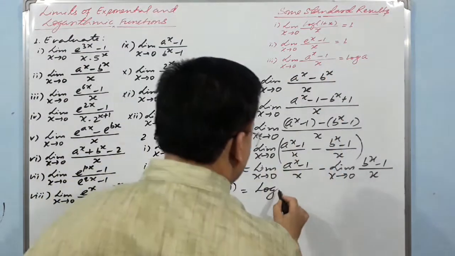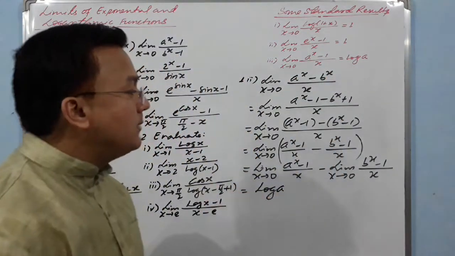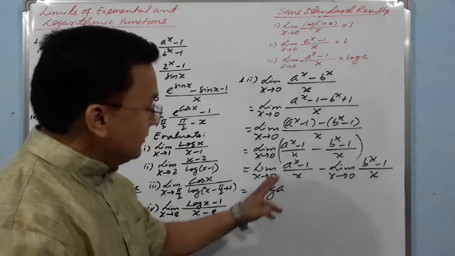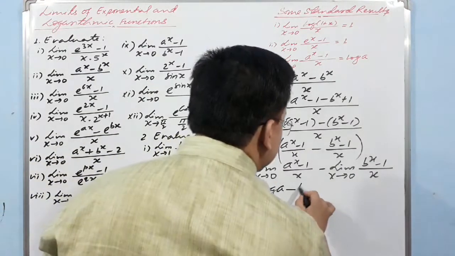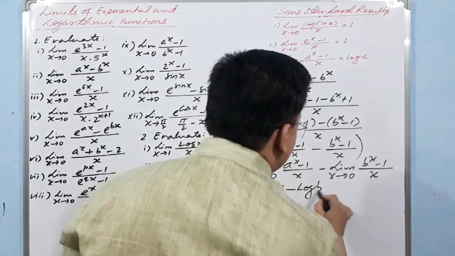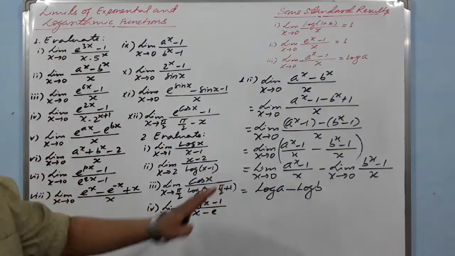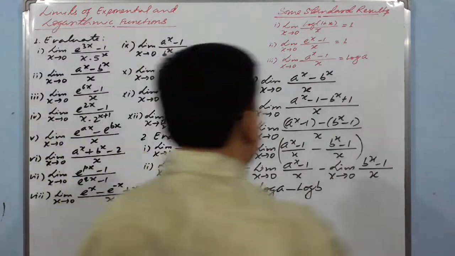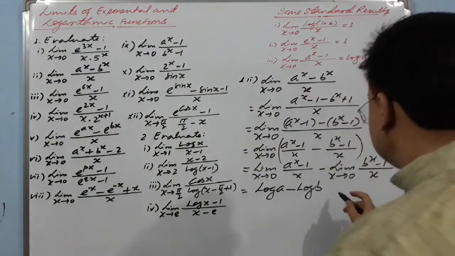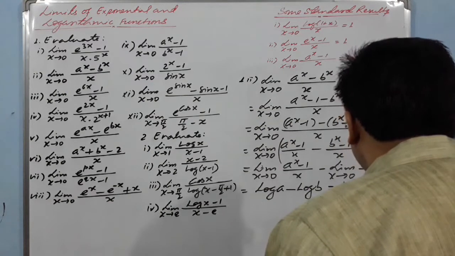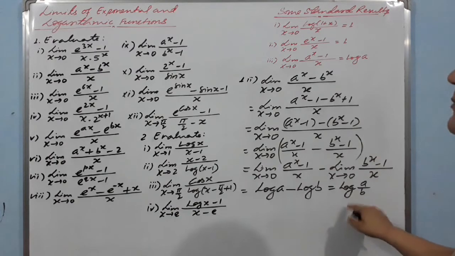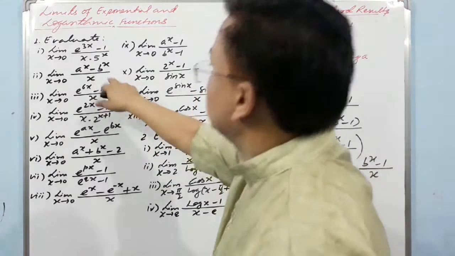As we know, log a to the base e is understood; if we don't write the base, it means natural log. So log a minus log b, which we can write as log of a upon b. This is the limit of this function.